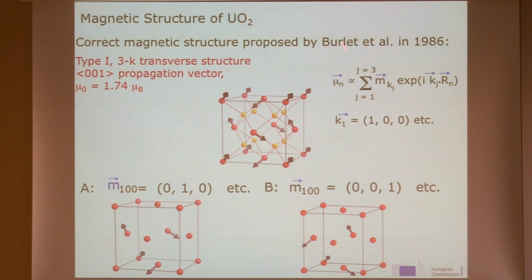Actually, this proposal by Paul Burlet in 1986 was also not completely convincing, because what they did was to apply an external magnetic field that, in the case of a single K structure, would have oriented the domain, so the magnetic moment along x, y, and z, and then would have altered the relative intensities of some peaks in the diffraction pattern.